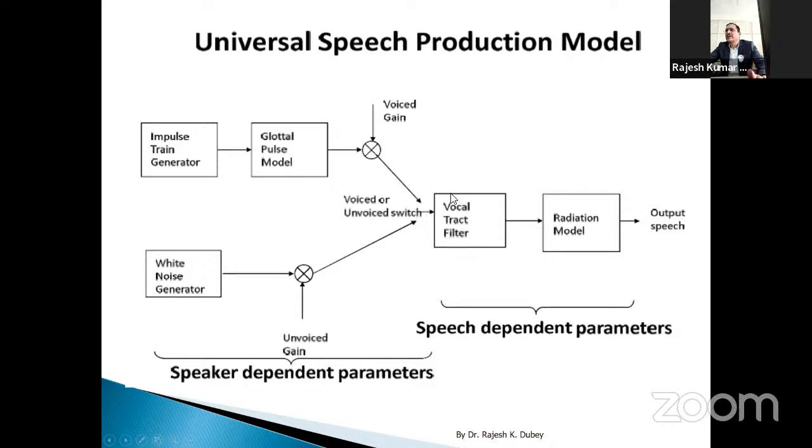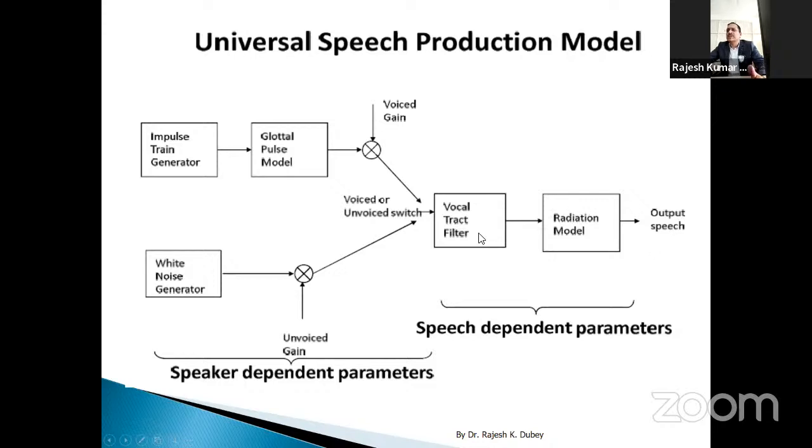The vocal tract filter is introducing formant frequency. Then the radiation model, that is our lips. We are calling the lips a radiation model, which converts into a second order system, and then the output speech.